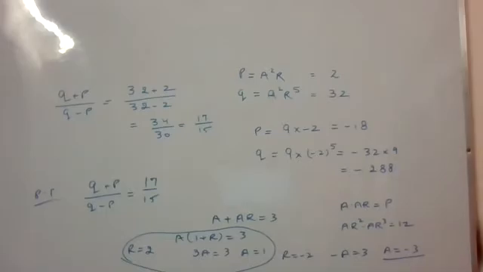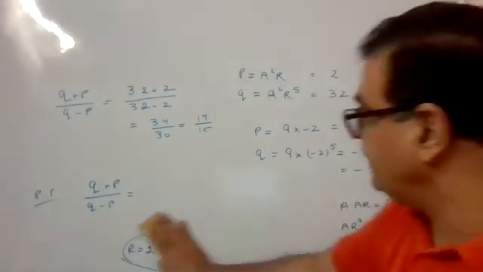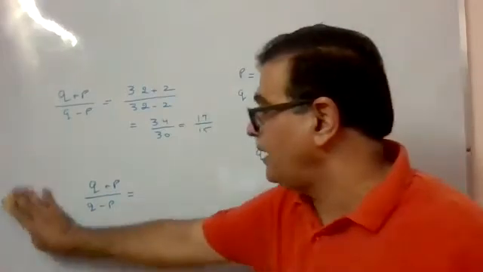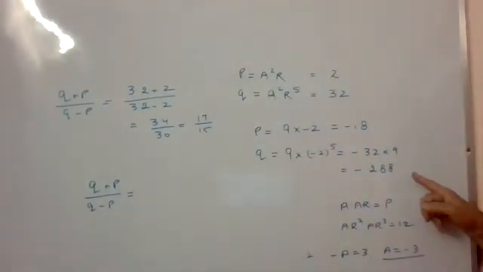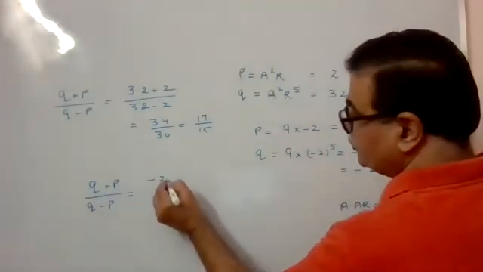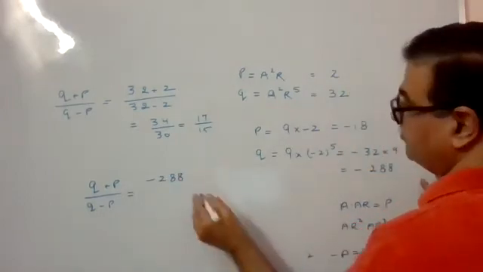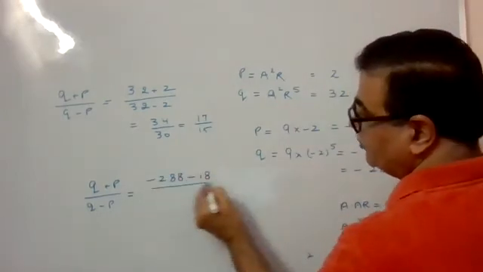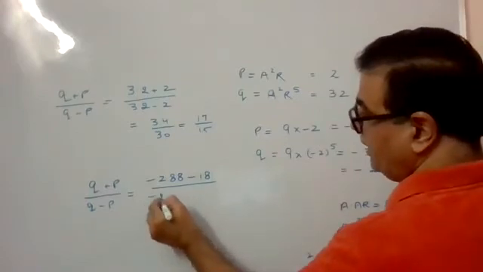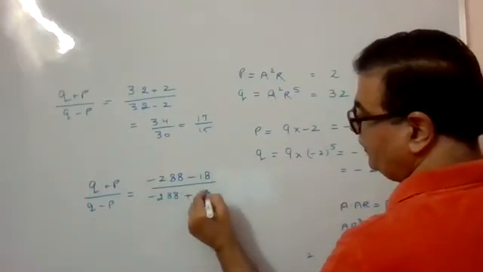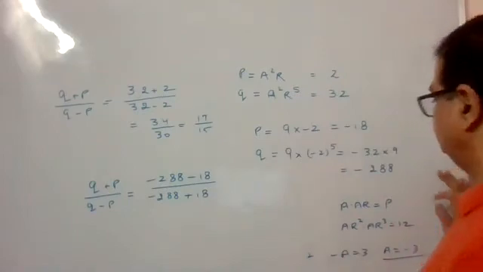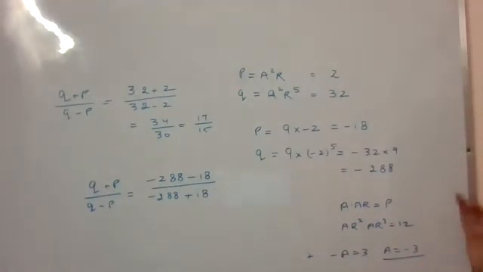Minus 288. So now I calculate again Q plus P by Q minus P. Second term also. Q is what? Minus 288 minus of 18, whole divided by minus 288 plus of 18 now. Right or no?